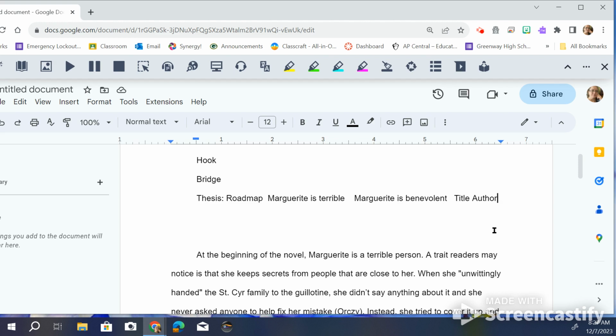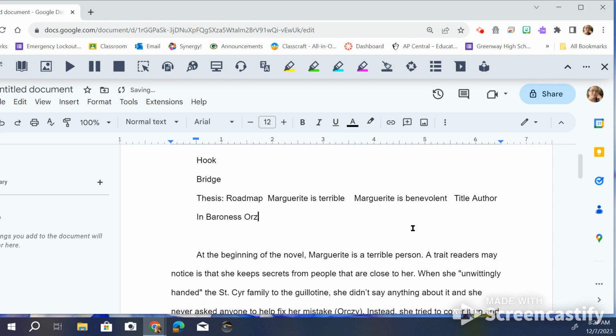Right now, the only part of the formula that is absolutely required is terrible and benevolent have to stay in the same order. Title and author, you can put them in the beginning. You can put them in the end. Okay.